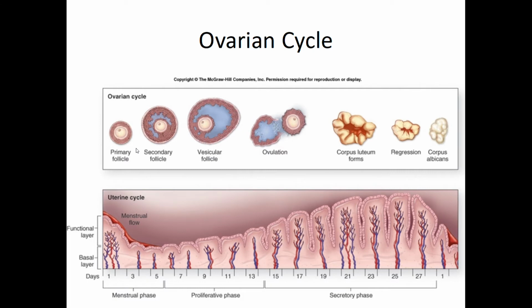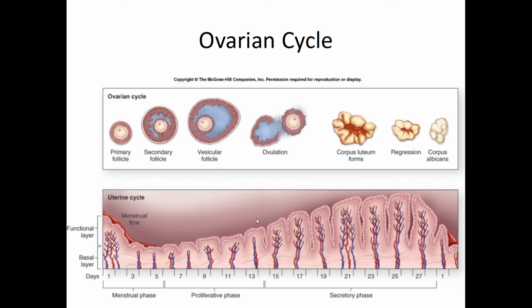So we can look at that along with what's happening in the uterus. Here's our primary follicle, that early development, and that actually starts during the menstruation part of the cycle, when the uterine lining is being shed. The ovary develops the secondary follicle, and that's happening about the time that the menstrual phase is ending. Then the proliferative phase happens where the lining starts to build up. At this point, we have the vesicular follicle forming this vesicle with the independent oocyte inside that can be ovulated.